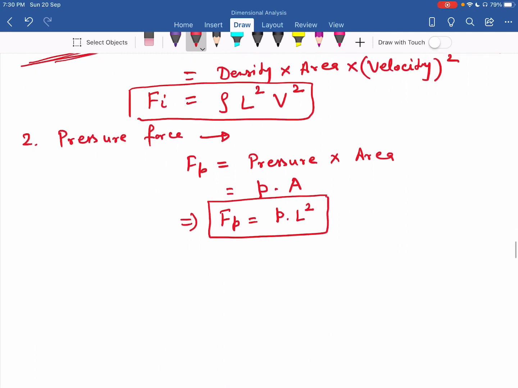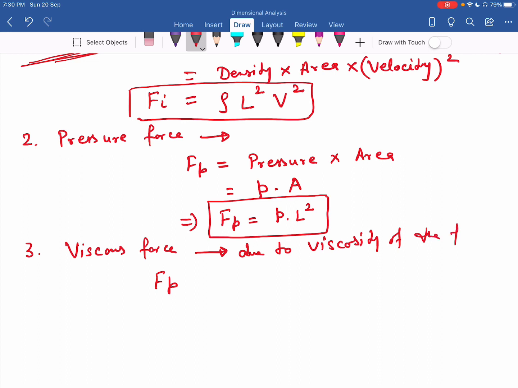Then the third force is the viscous force. This is the force due to viscosity of the fluid. It is represented by Fv, not Fp.